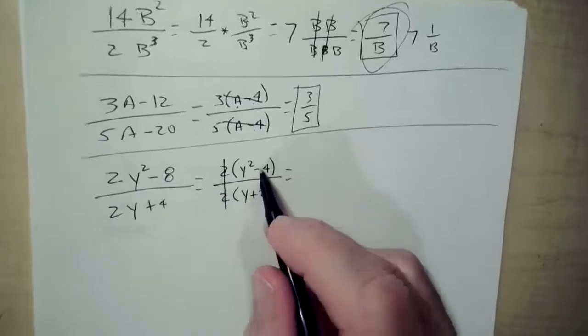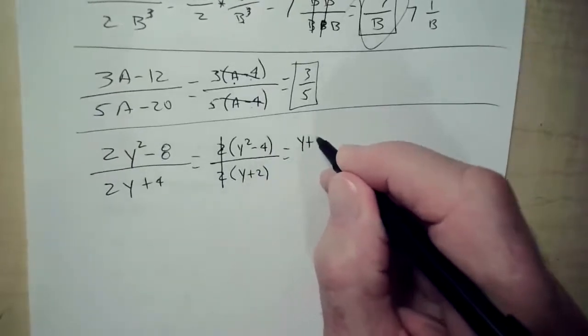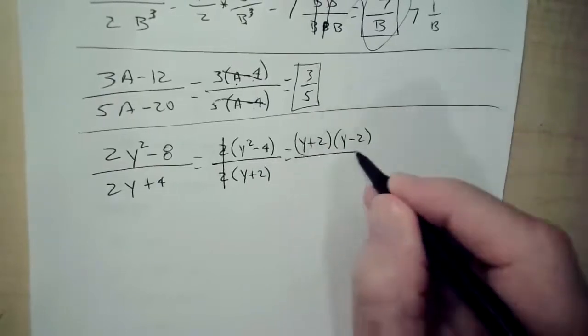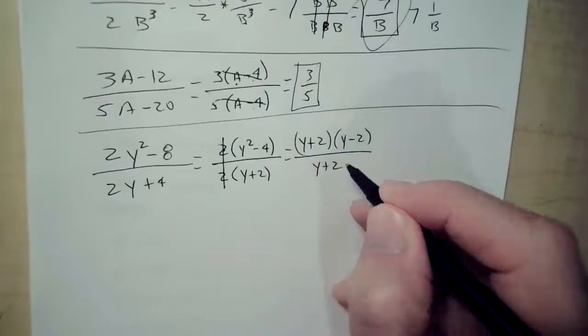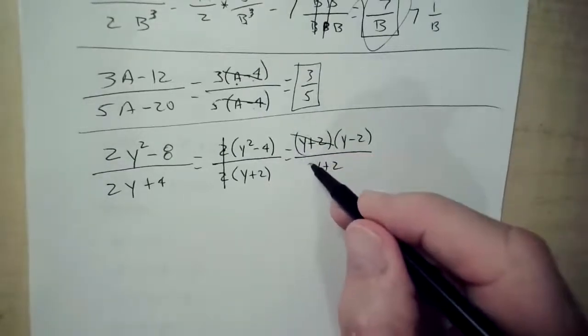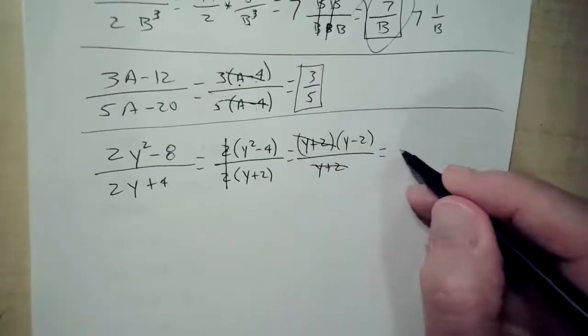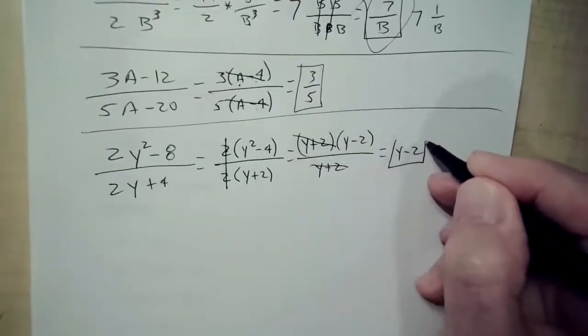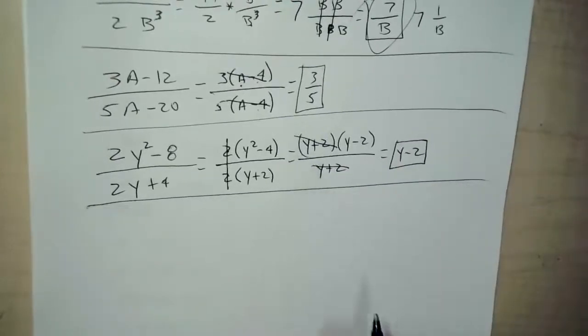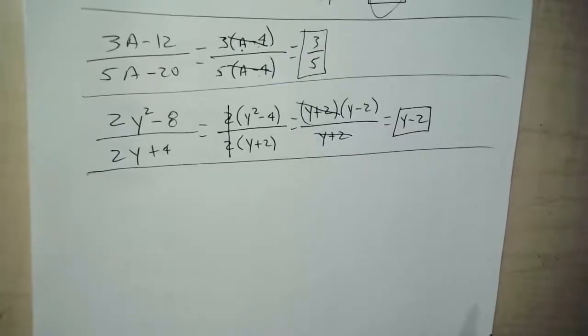Now 2 divided by 2 is 1, so we can just cross that out right away. The conjugate here is y plus 2 times y minus 2, divided by y plus 2. Okay, now we can cancel those out, and our answer here is y minus 2.